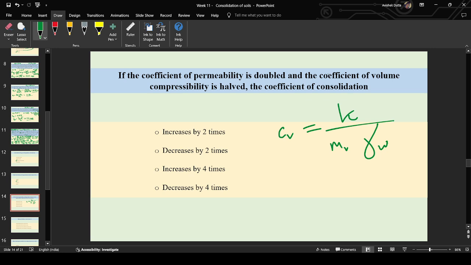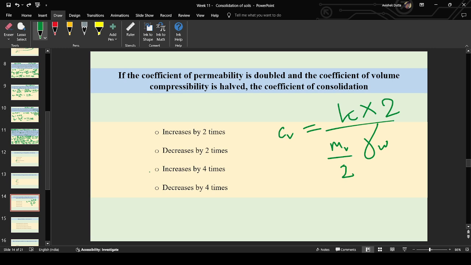Permeability is doubled, so K multiplied by 2, and volume compressibility is half, mv by 2. So Cv dash will be 4 times Cv. So it is getting a 4 times increment, right? Understand by this equation?